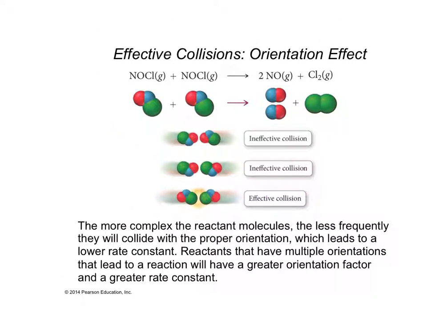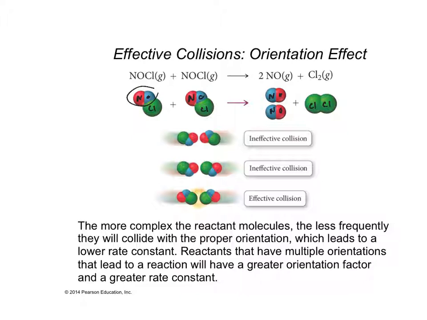For this reaction, we have an NO bound to a Cl, and an NO bound to a Cl. What do we make at the end? We make a nice NO molecule, so this part stays together. What has to hit? The Cls have to be near each other, and they have to collide with respect to one another so that we can break that N to Cl bond and actually form our ClCl.